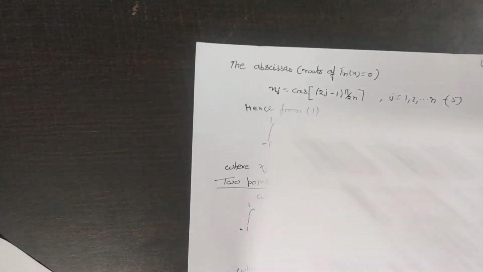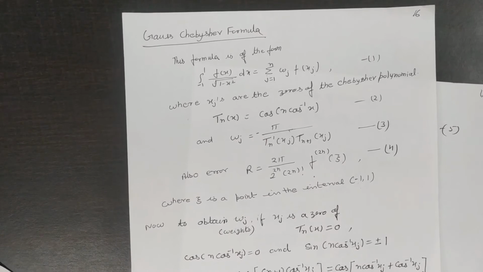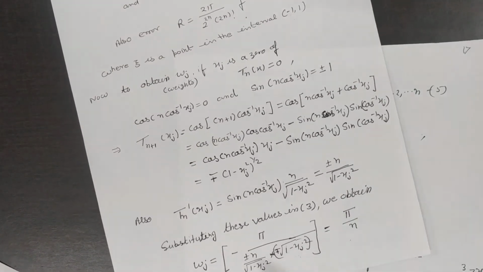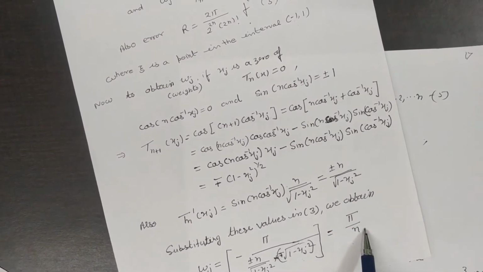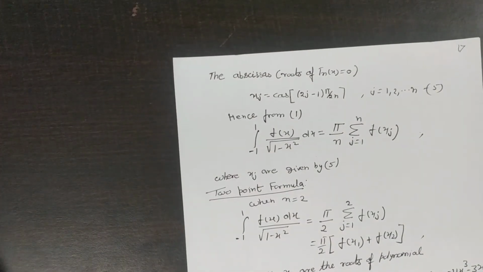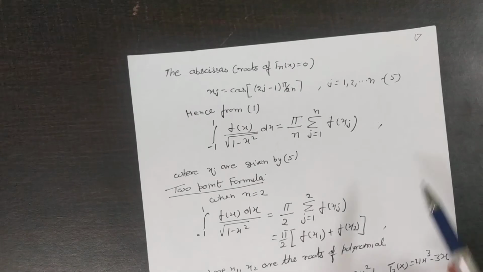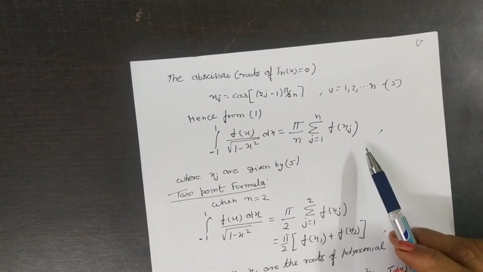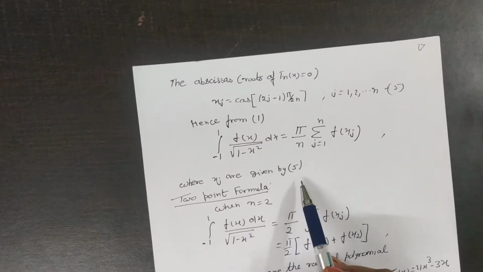The xj's are given by equation number 5, and the wj's are given as this one. So substitute these values. Hence from equation 1, the xj's are given.